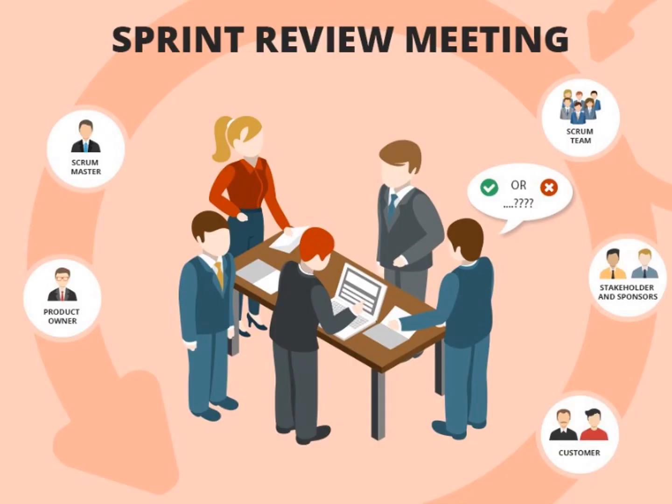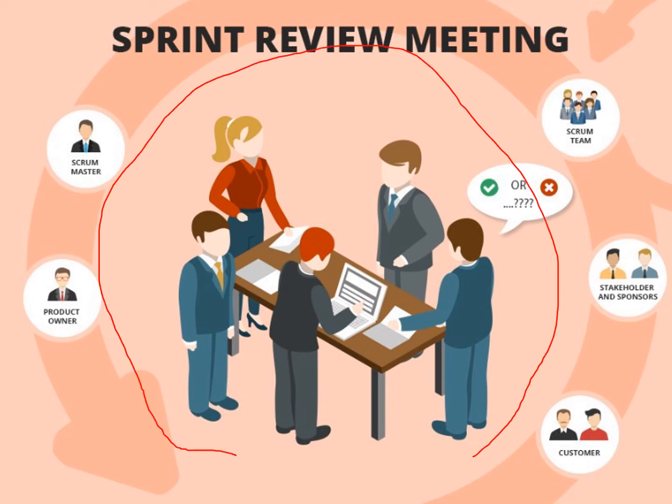At the end of each sprint, when it is finished, let's say after 2 weeks or 1 week, that is the end of the sprint. The Scrum team comes together to review the work done, and they should present a demo of the software.